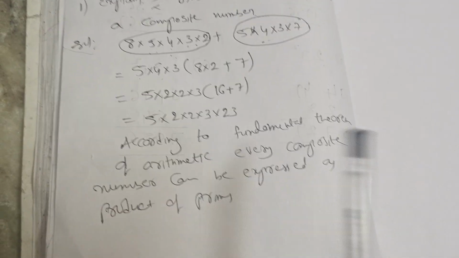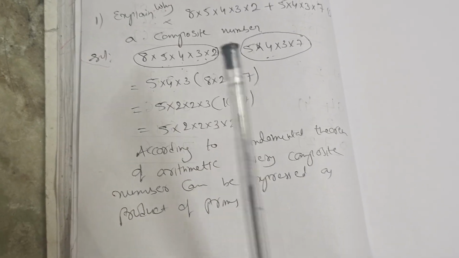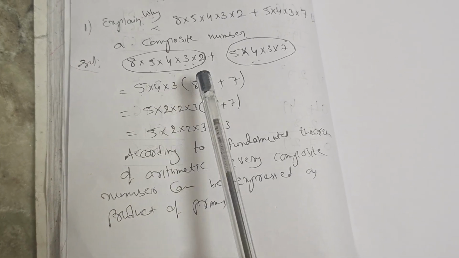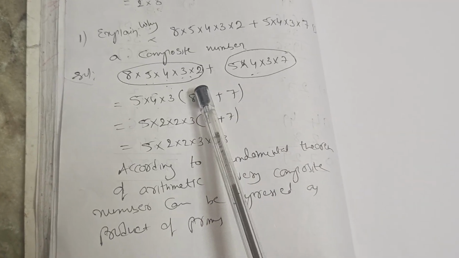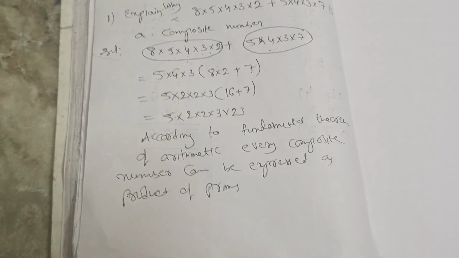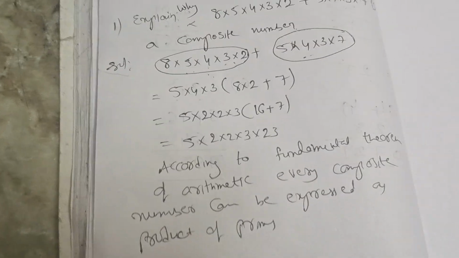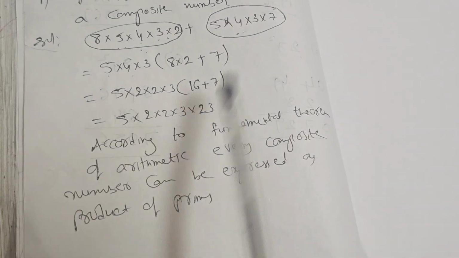Is it right? So here 8 into 5 into 4 into 3 into 2 plus 5 into 4 into 3 into 7, if we solve, is expressed as a product of primes.